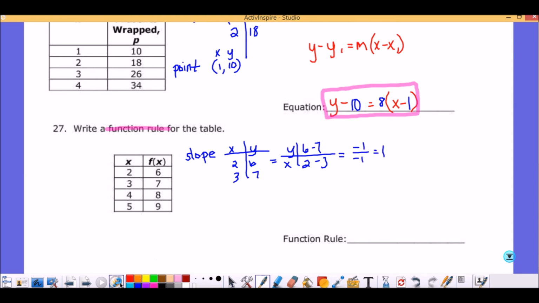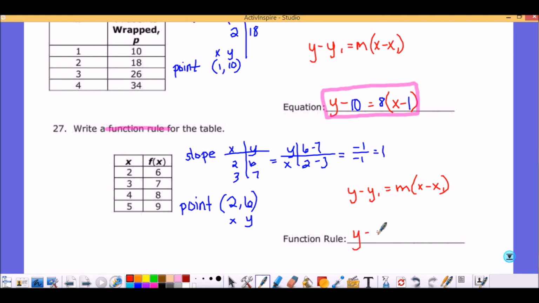All right, so then now I'm going to use the formula y minus y1 equals m times the quantity of x minus x1. And so now I need a point. So I'm going to just use the first point since it's going to be the first one available, 2, 6. Remember, this is my x, this is my y. All right, so now I'm ready to plug it in.